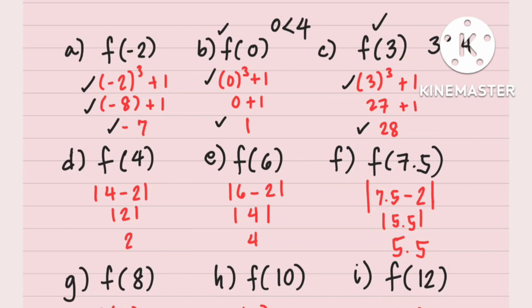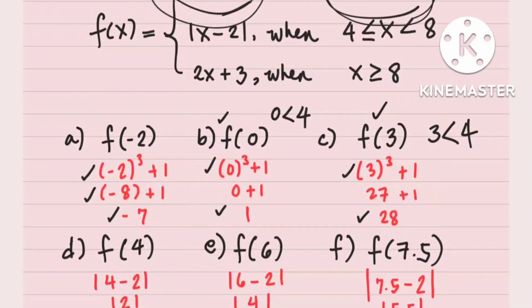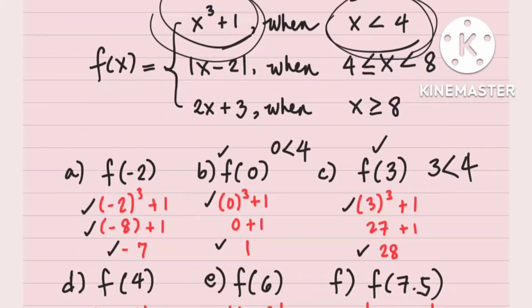Now, this time we want to find the value of f of 4. So, the number 4 is within the interval 4 to 8. The range 4 to 8 because of this indicator. So we will use this rule, the absolute value of the input minus 2.